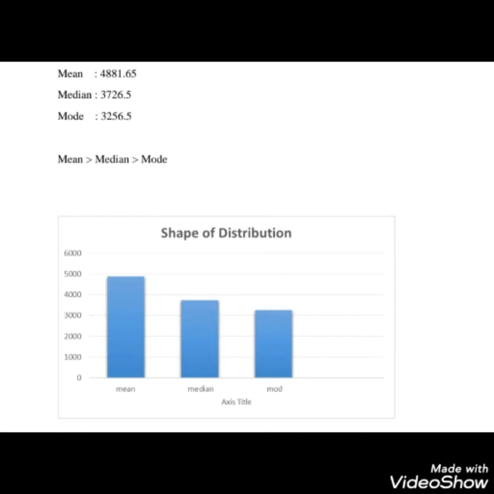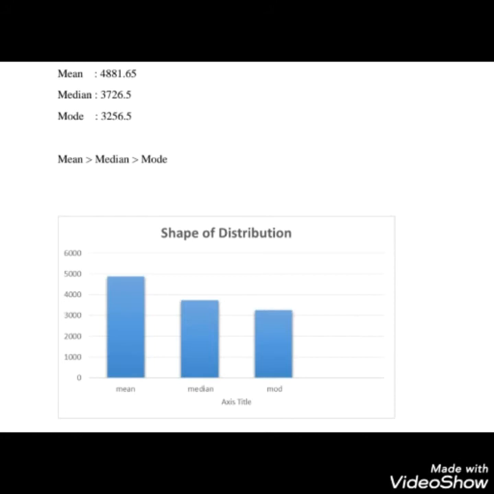So we have to put a symbol which shows that it is either bigger or smaller. After getting that, we can start to derive the data. So we add the y-axis that shows the data, and for the x-axis we will write mean, median, and mode.